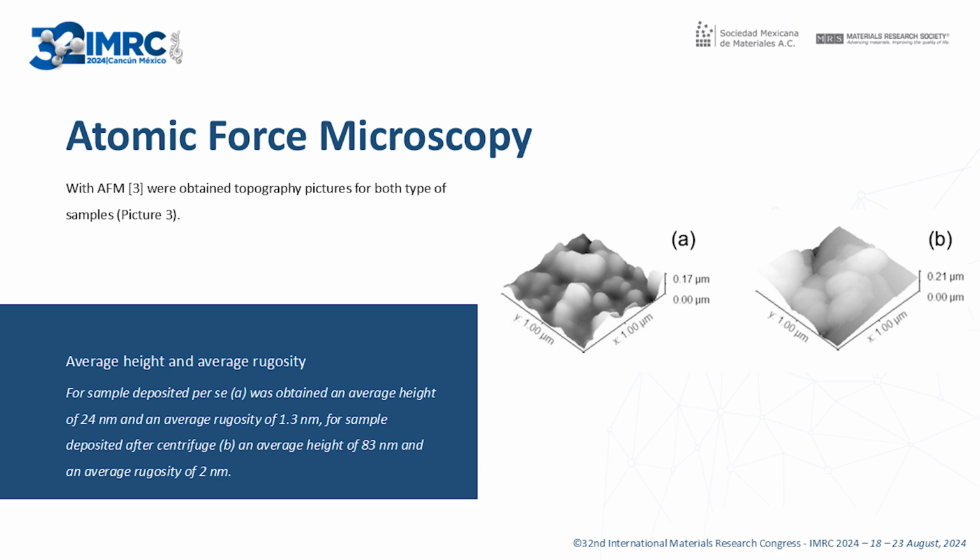With atomic force microscopy, topography pictures were obtained for both types of samples in intermittent contact mode, as shown in picture 3. For samples deposited per se, an average height of 24 nanometers and an average rugosity of 1.3 nanometers were obtained. For samples deposited after centrifuge, an average height of 83 nanometers and an average rugosity of 2 nanometers were obtained.